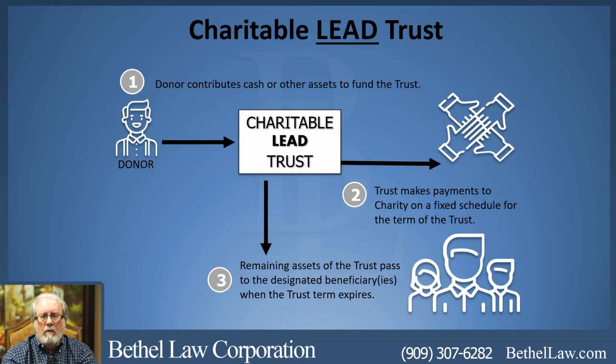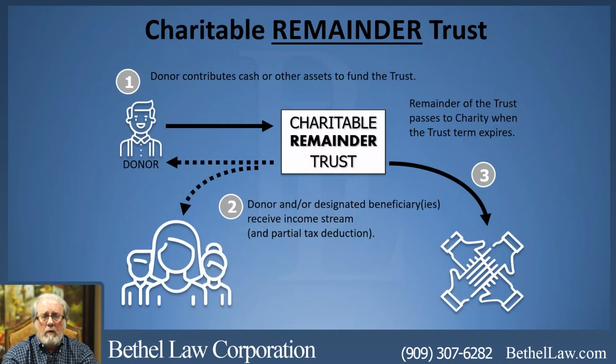If you ever want to see who's used trusts like this, look up Jackie Onassis. This was the family planning strategy for the Onassis family when Jackie actually passed away. Now, the other type of trust that we do get involved with, and most people usually pick, is a charitable remainder type trust.